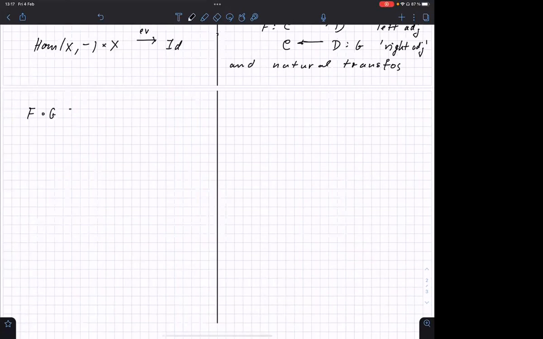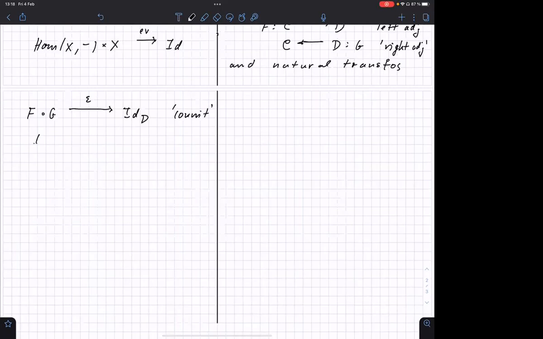That's not necessarily the identity, but it's comparable to the identity functor on D via natural transformation, which is called traditionally epsilon. So this is called co-unit. So this is what generalizes co-evaluation from the previous example.